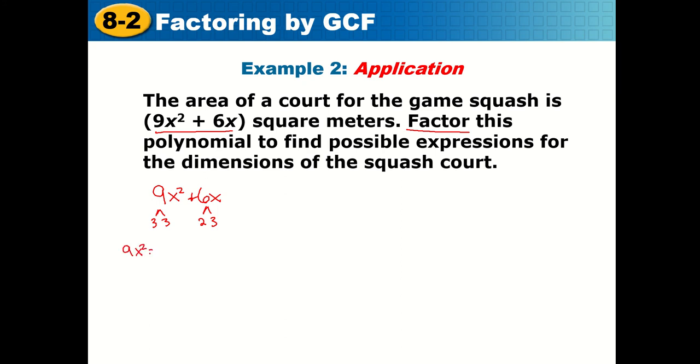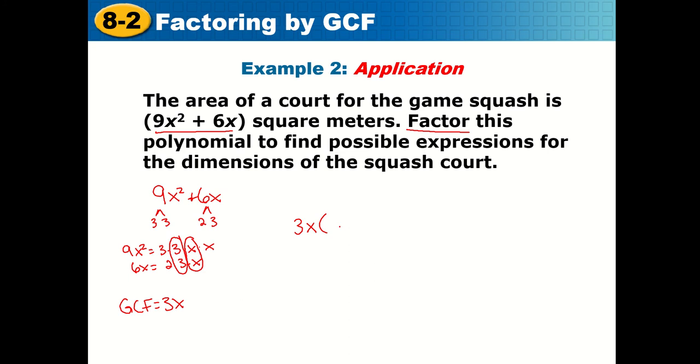So 9x squared would be 3 times 3 times x, and then 6x would be 2 times 3 times x. So we can look and go, I've got a 3 in both of those and an x in both of those. So my greatest common factor is going to be 3x. So I'm going to pull out 3x from both of these terms.